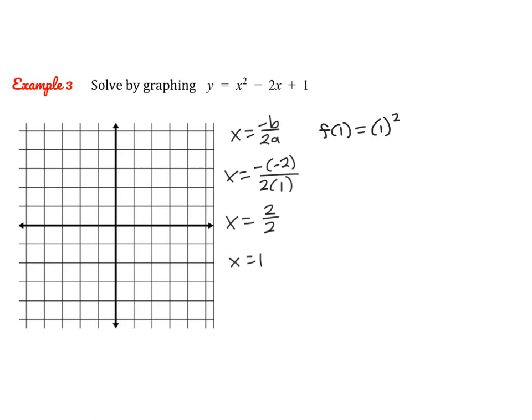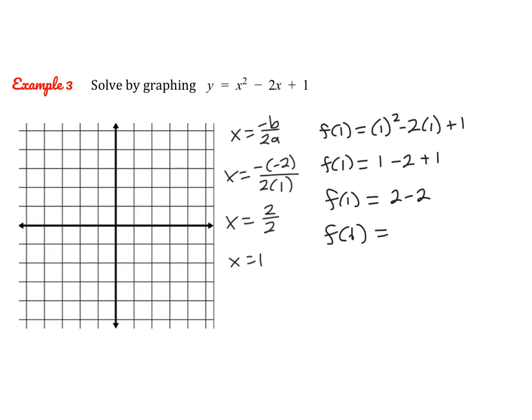So 1 squared minus 2 times 1 plus 1. 1 squared is 1, minus 2 plus 1. So this gives us 2 minus 2, so f of 1 is just 0. That means our vertex is at (1, 0).